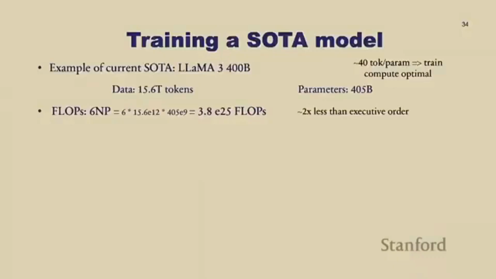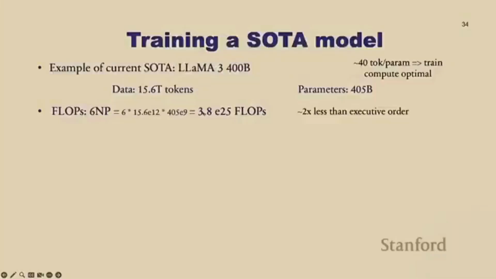Flops for this model. One simple way to compute flops is 6 times the number of parameters times the number of data that you train on. If you do the simple calculation here, it's 3.8E25 flops. The reason why this is important is that if you followed the news a little bit, there's an executive order from Biden that basically says that once you have 1E26 flops, then you have special scrutiny on your models.